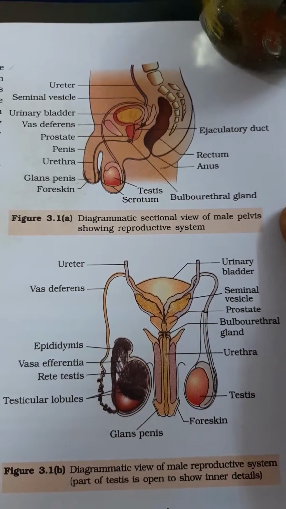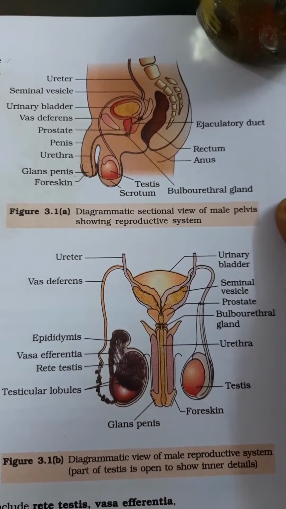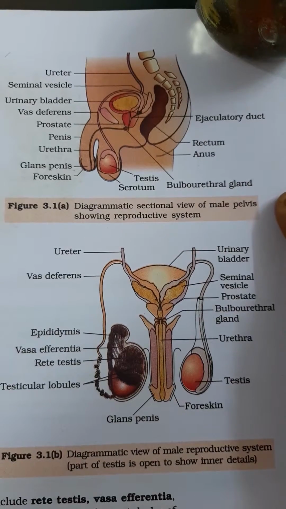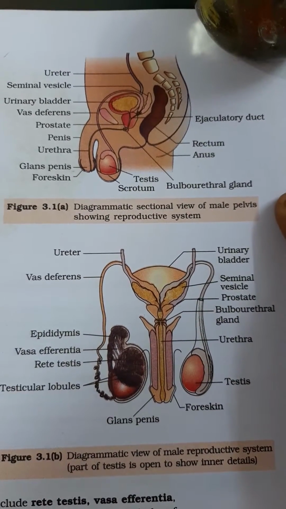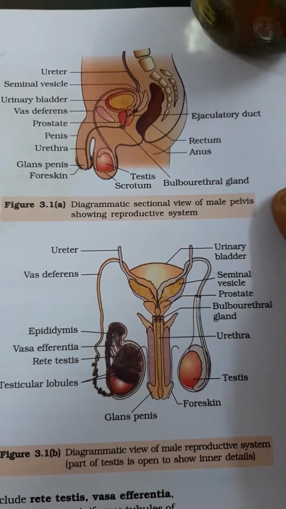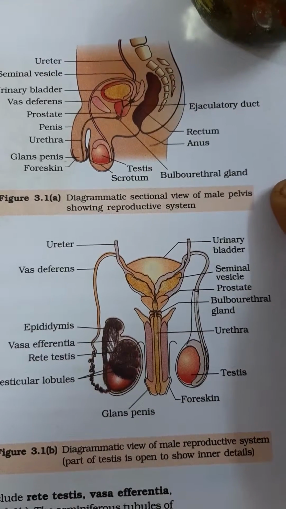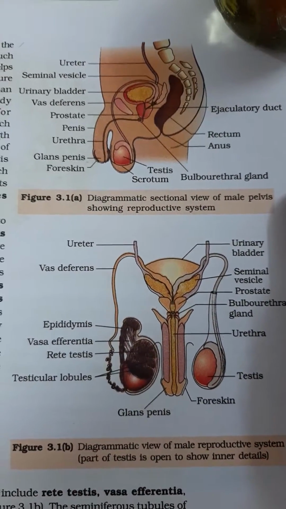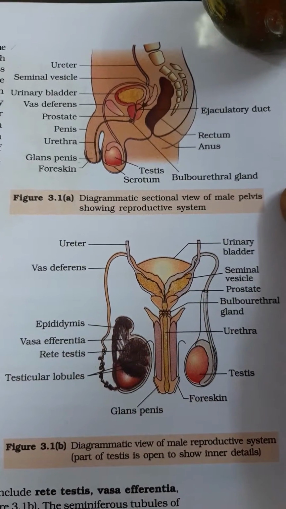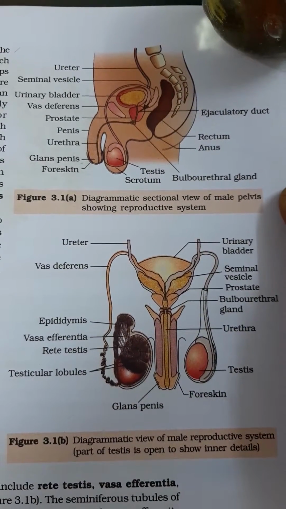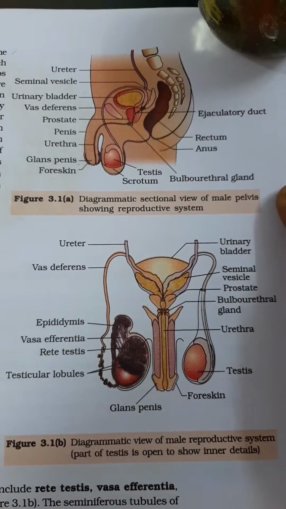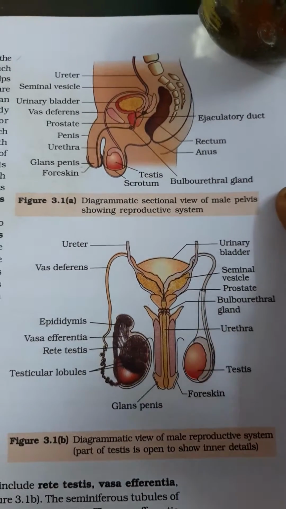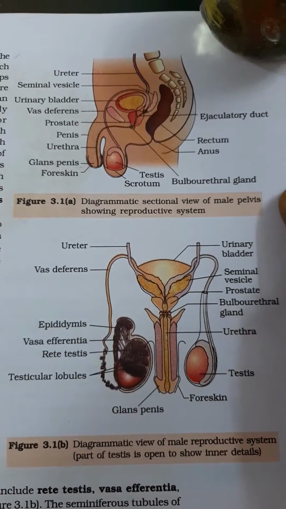The seminiferous tubule is lined by 2 types of cells, that is male germ cells, which we call spermatogonia, and Sertoli cells. The male germ cells undergo meiotic divisions, finally leading to the maturation of the secondary spermatocyte to form spermatids, and maturation to form the mature sperm.